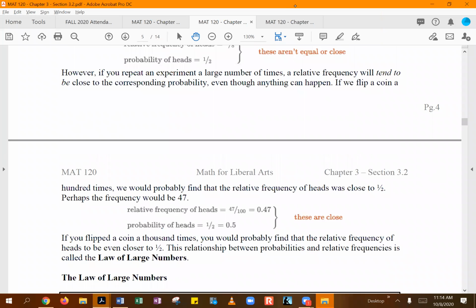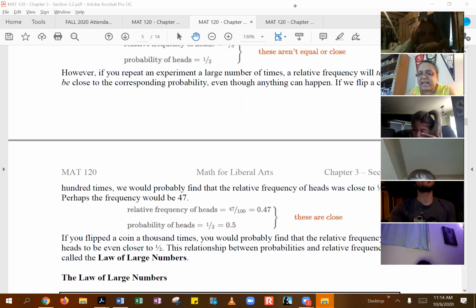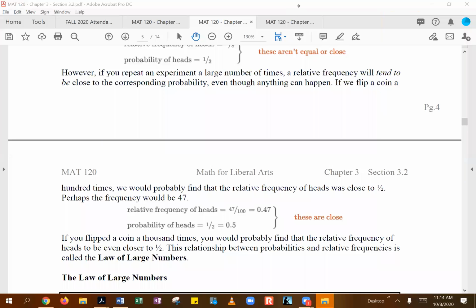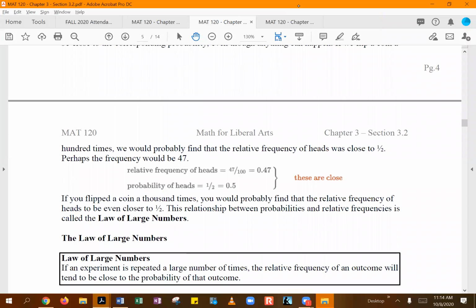But if you do the experiment a large number of times, so instead of 8 times like they had here, let's say 1,000 times, which obviously would take a long time if you try to flip a coin 1,000 times and record your result, then your relative frequency will actually get closer and closer to your theoretical probability. And this is actually what we call the law of large numbers.